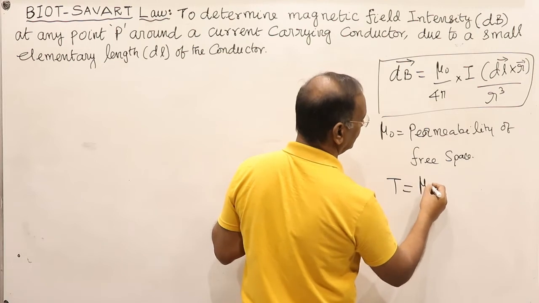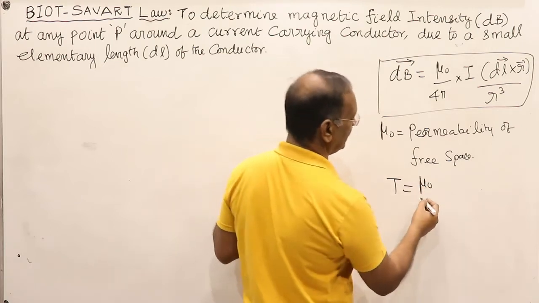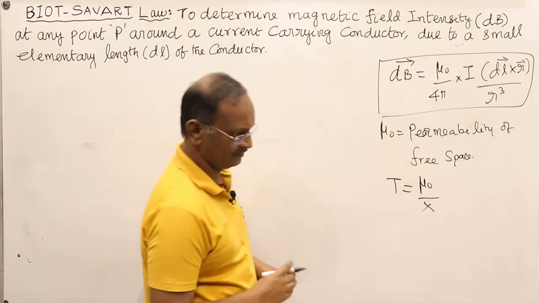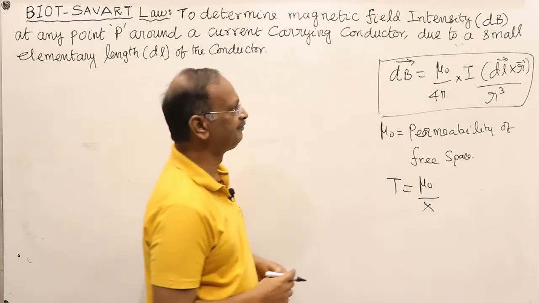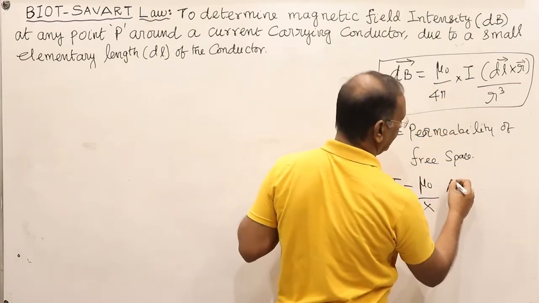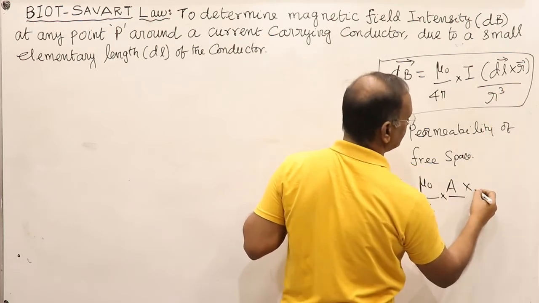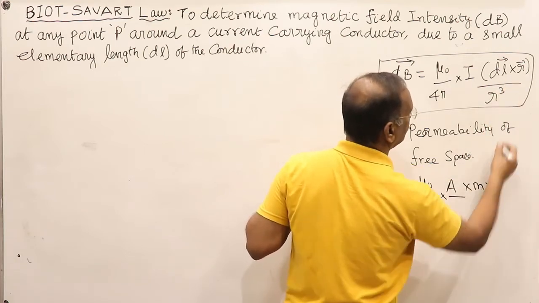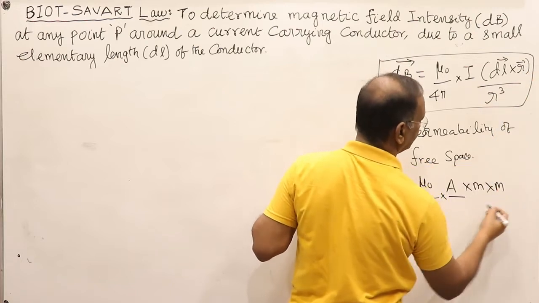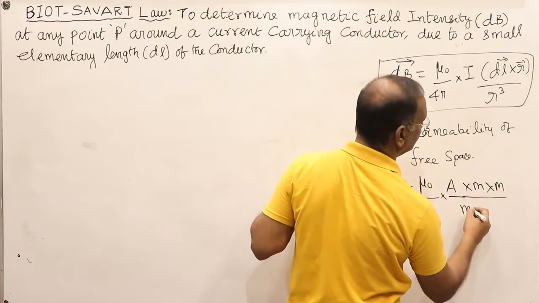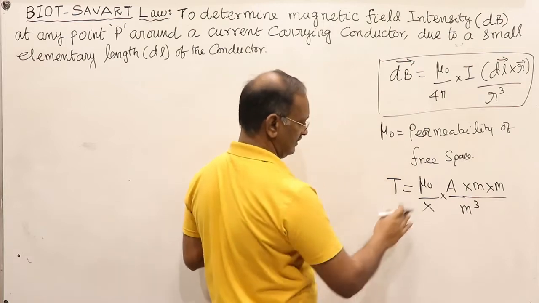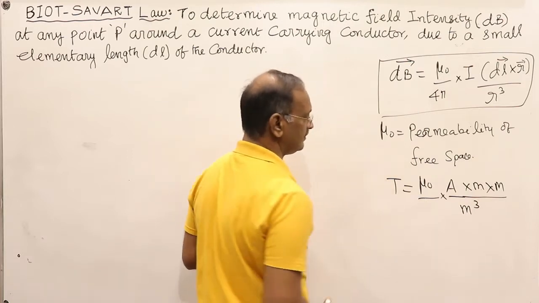So we want to find out the unit of mu naught. 4 pi has got no unit, and current is in ampere. Length is in meter, into this also meter, and divided by meter cube. So this has got no unit, we need not write it.